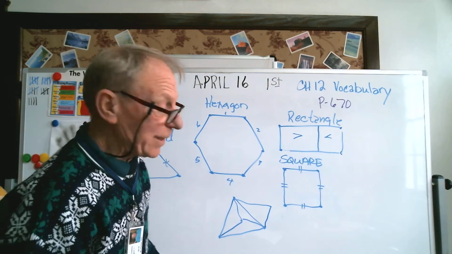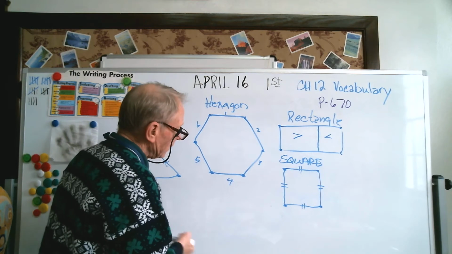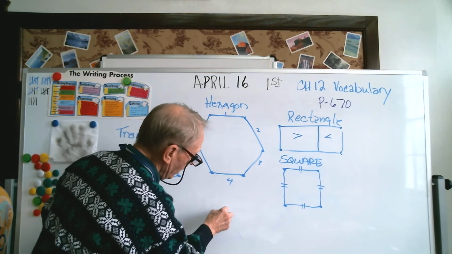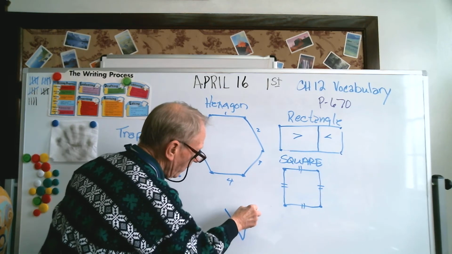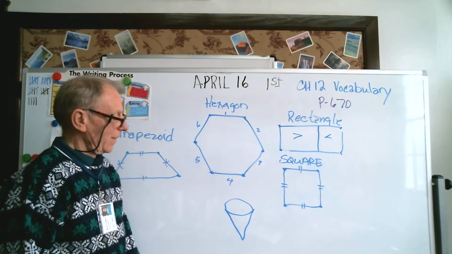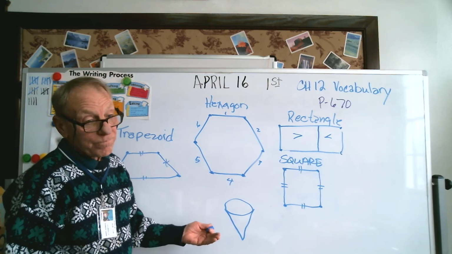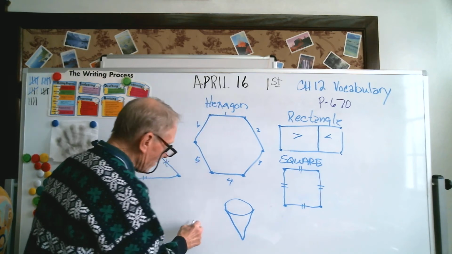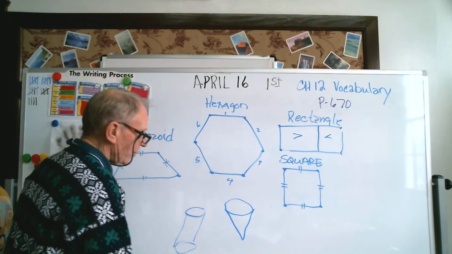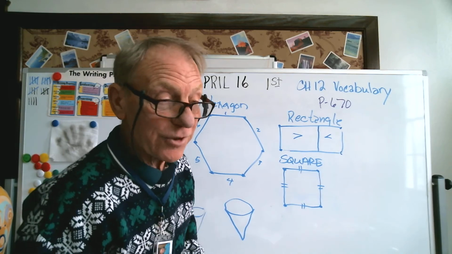And a pyramid is a 3-dimensional shape. If I was to take a triangle and give it width, the triangle turns into a cone. Just like a rectangle can turn into a cylinder. You see, they have 3 dimensions.